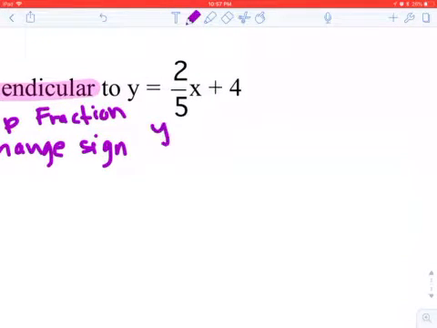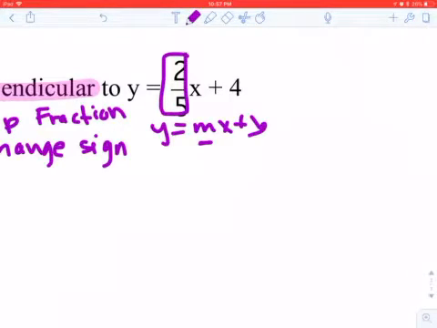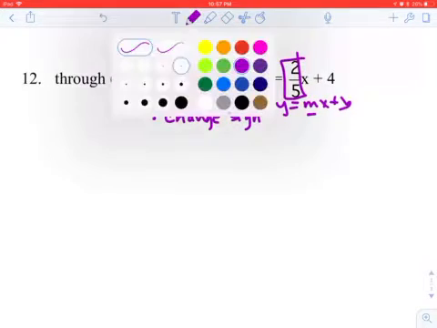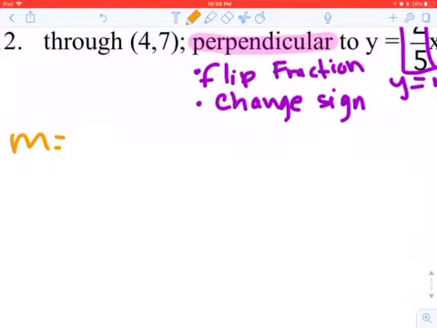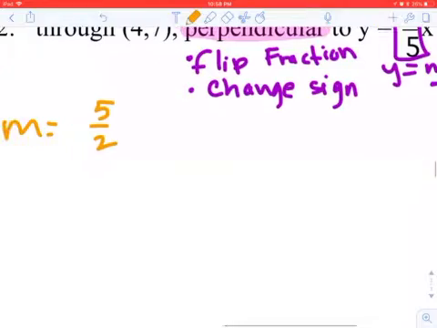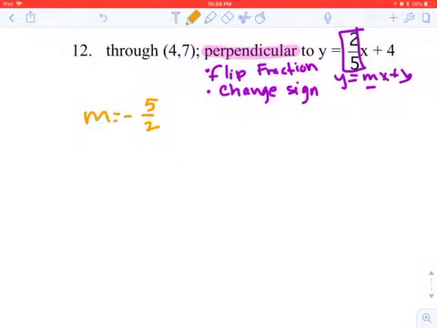So again, y equals mx plus b. The m is your slope, the number in front. So this is the slope that's given to you. So if that's the slope, we need the perpendicular slope. So first thing, we got to flip the fraction. So 2 over 5 becomes 5 over 2. Since this is positive, our slope is going to become negative.